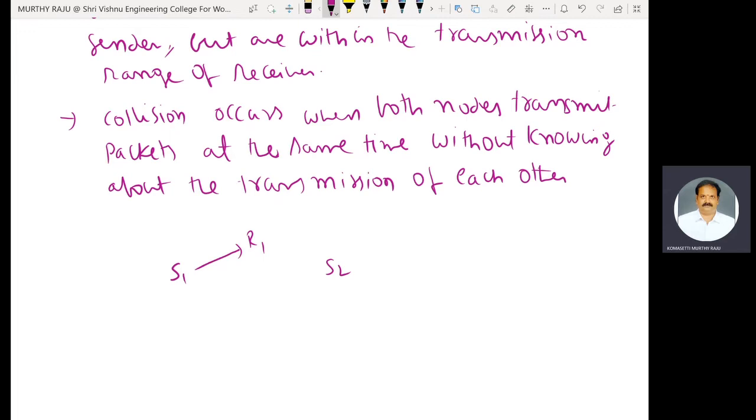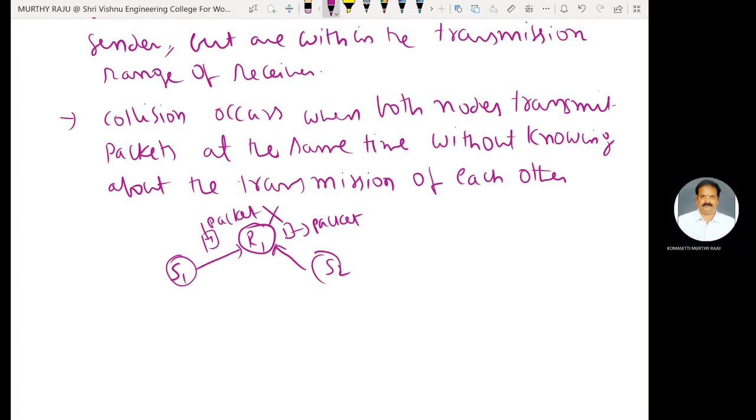S1 sends a packet to R1, and S2 sends a packet to R1 simultaneously. Therefore, collision takes place at the receiver. That is called the hidden node terminal problem.